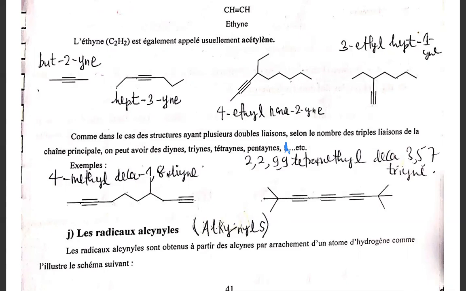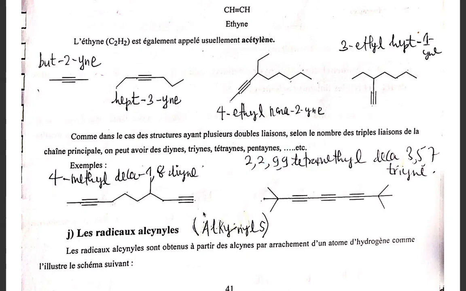Now, there's this one here we are going to look at, the fifth rule. The fifth rule is the multiplication factor. We are going to apply rule number 1, which states we are supposed to look for the chaîne principale, and the chaîne principale should contain the highest number of carbon atoms.